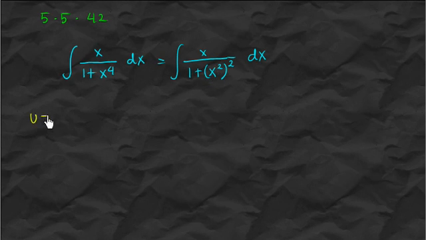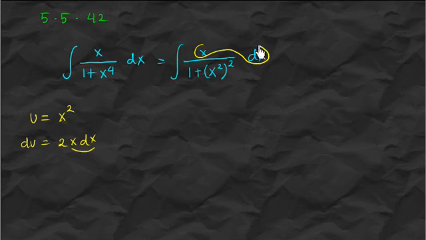Now if we choose u to be x squared, then du is 2x dx, and that fits another requirement, which is that x dx already appears in our integral. So this choice of u is a good one.